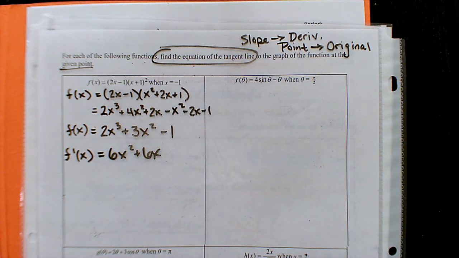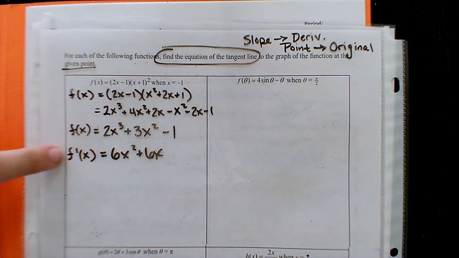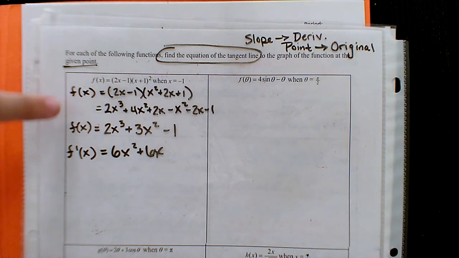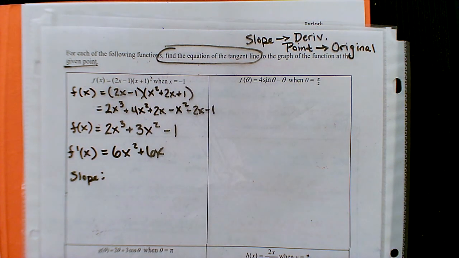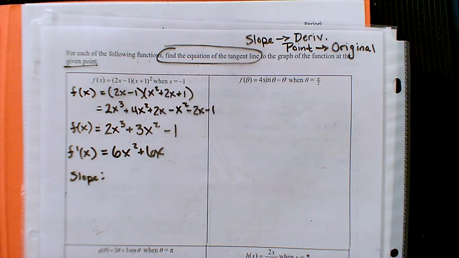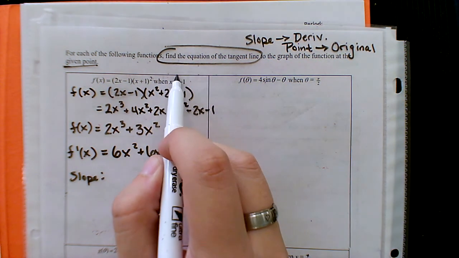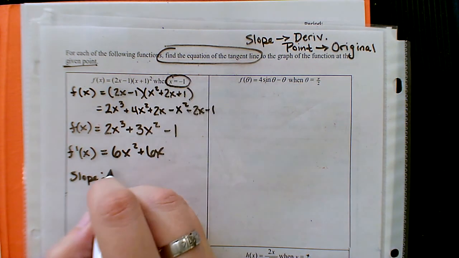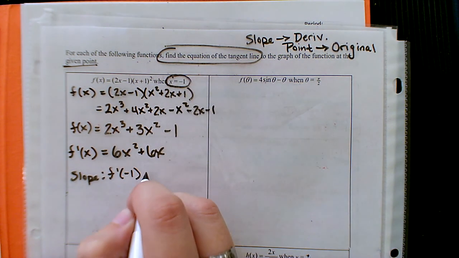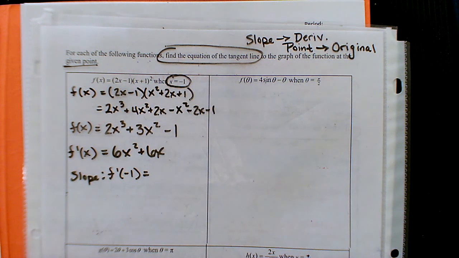Good. All right. So notice how we have our two pieces. We have a derivative equation to help us out, and we have an original equation to help us out. We're going to use both of those to help us figure out the slope and the point. So let's figure out the slope first. We specifically want the tangent line, the line that touches the graph at only one point, specifically at the x location of -1. So we're going to plug -1 into the derivative to get the slope value at that location.